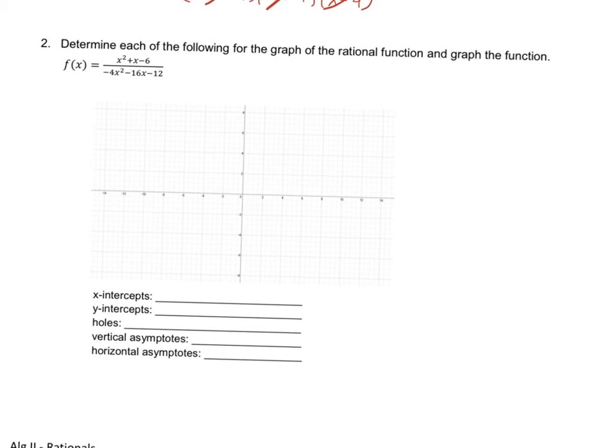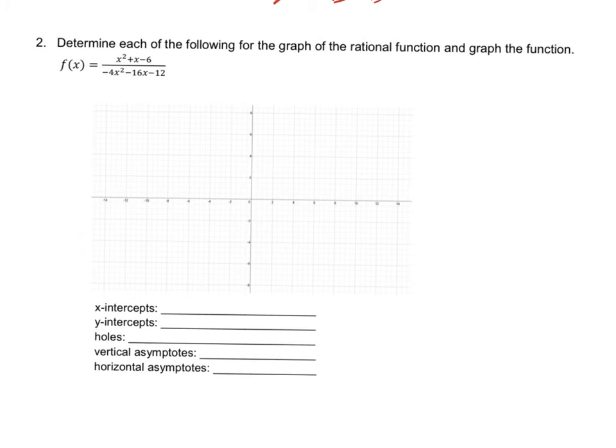Next problem, we have to do a little bit of graphing. So let's go ahead and take this polynomial and factor it. The numerator is going to factor as x plus 3, x minus 2.